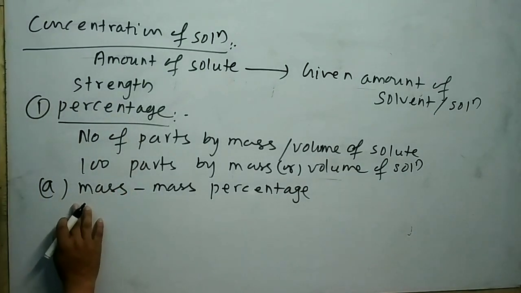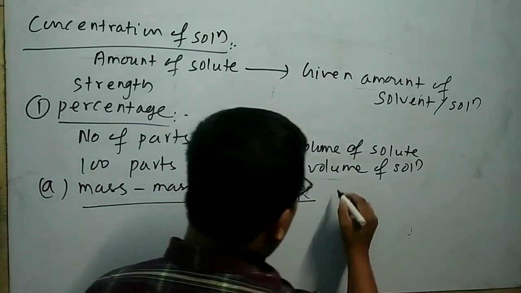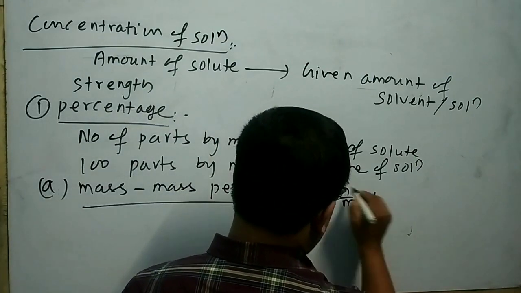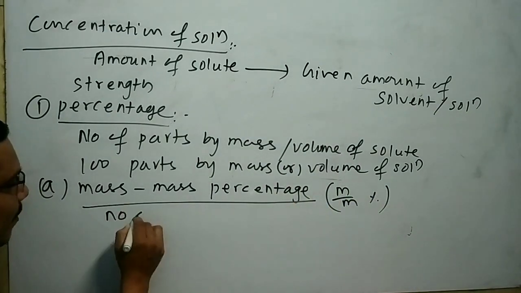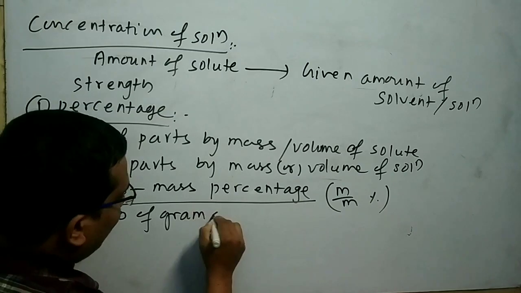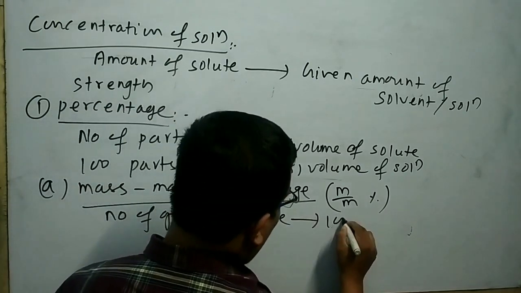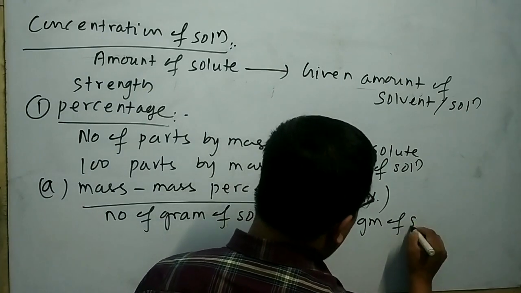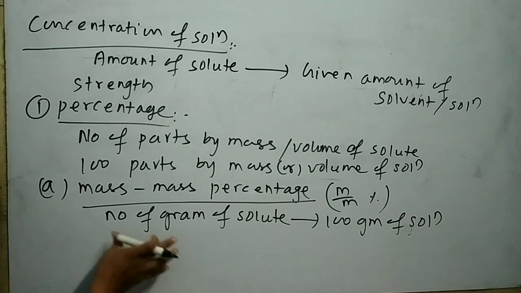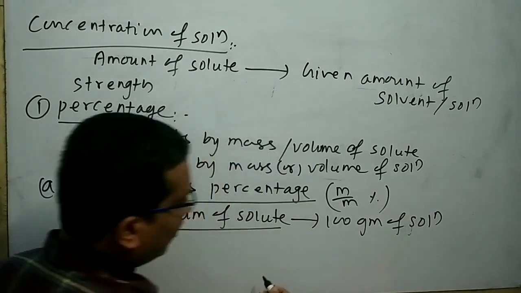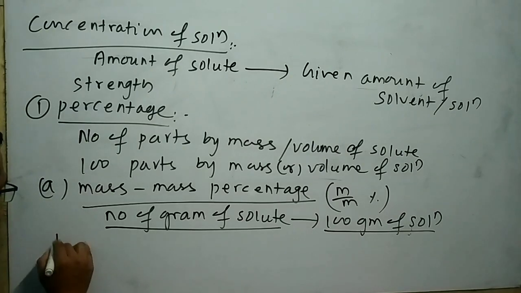At first I will discuss about the mass percentage. It is simply called M by M percentage. Mass percentage means number of gram of solute present in 100 gram of solution.